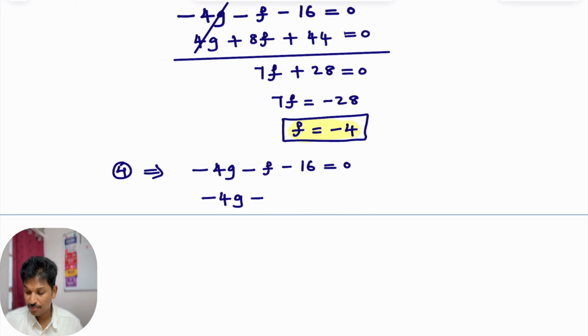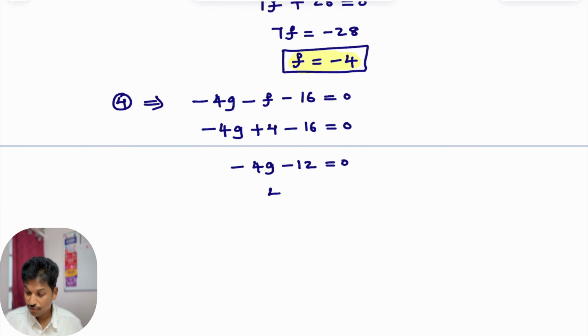Minus 4G minus F, F is minus 4, minus of minus is plus 4, right? Plus 4 minus 16 equal to 0. From this, what you will get? Minus 4G minus 12 equal to 0. 4G equal to minus 12. From this, you will get G as minus 3.